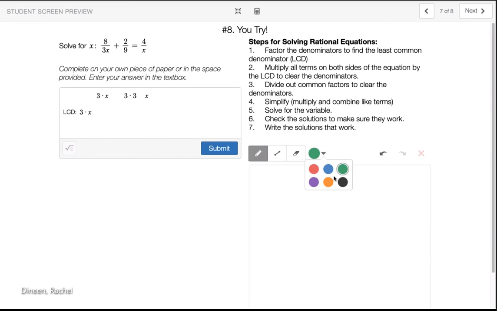So here are the factors of my denominators: 3 times x, 3 times 3, and x. And if the rest of you already got the LCD, then continue on and solve.